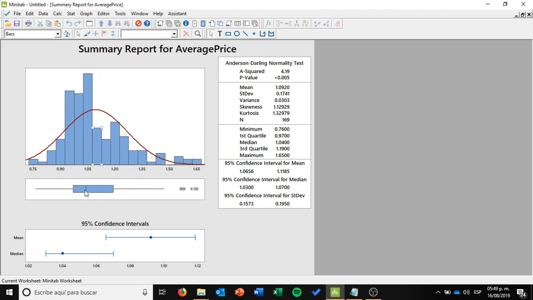The median is this line that you have on the boxplot. The median means that 50% of the data is below 1.04 and the other 50% of the data is over 1.04. As you can see, the median is located on this other bar, pretty much on the body of the histogram.